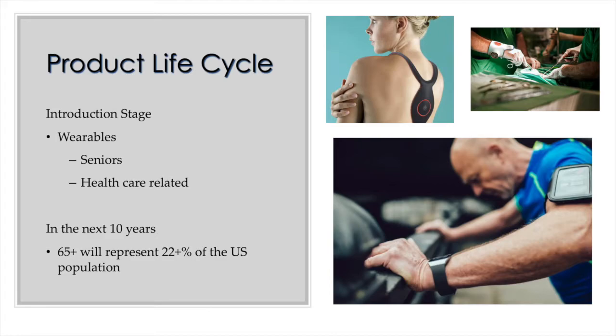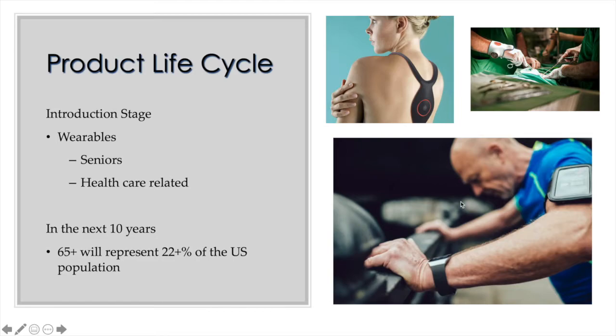Other things in the product life cycle that may still be in the introduction stage in high tech. I think wearables. Again, many of you have a wearable watch, but most of this now we see a tremendous amount going to healthcare, where we can monitor health. If you hit the right number of steps per day, insurance companies are giving rebates of $20 to $30 to $40 a month back on your insurance premiums.